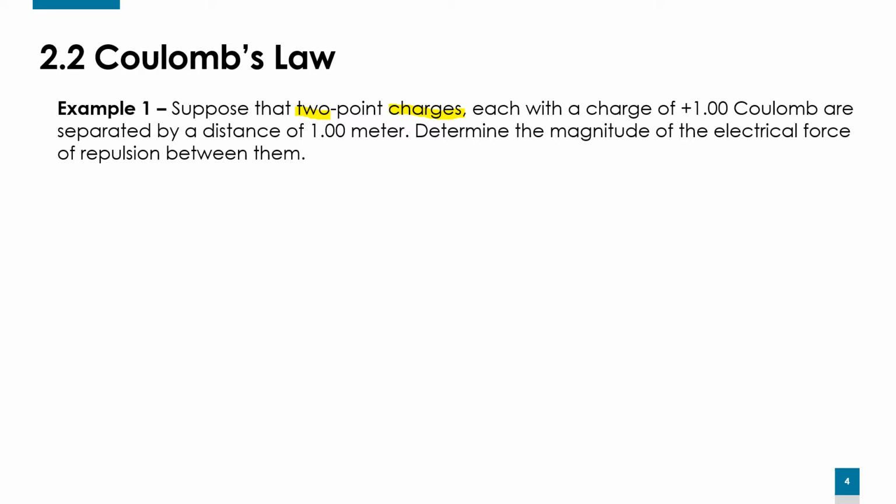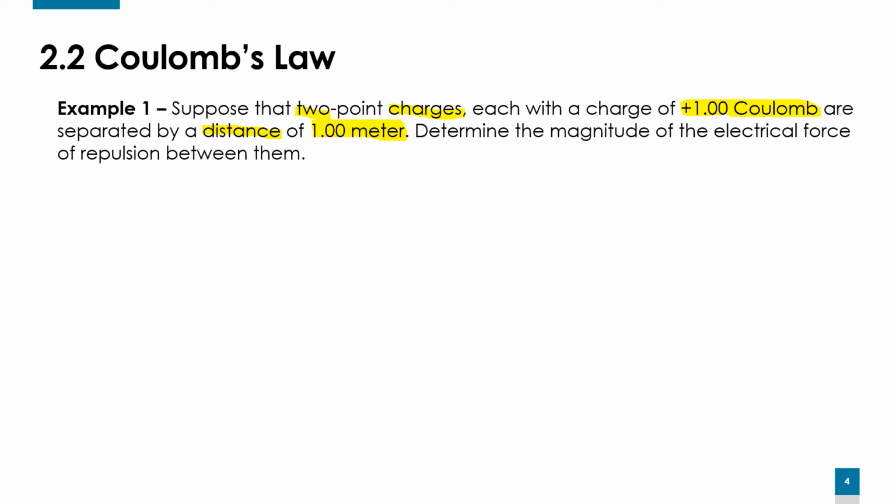It means that each of my charge has 1 coulomb. So I have 2 charges that have the same magnitude. So both of them has 1 coulomb. And they are separated by a distance of 1 meter. So here I have the charge, that's 1 coulomb, and the distance is 1 meter.